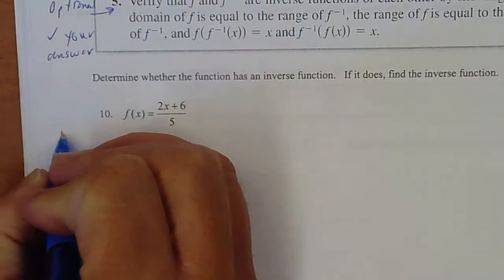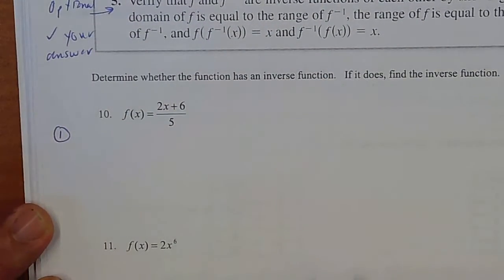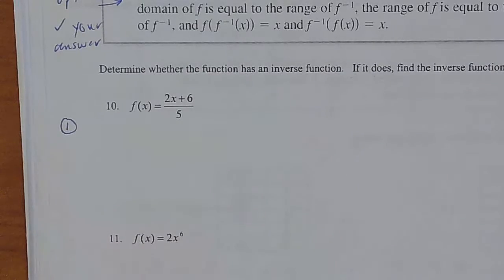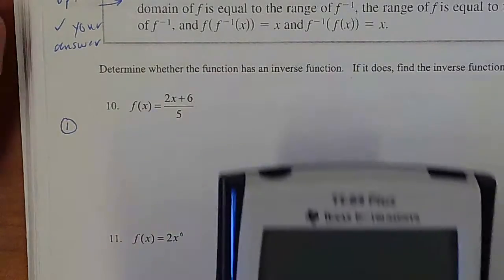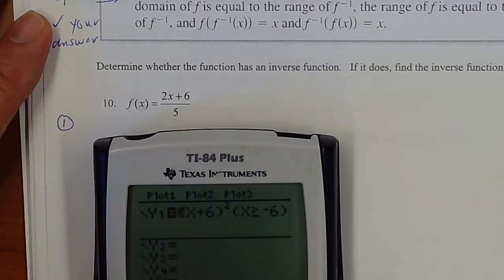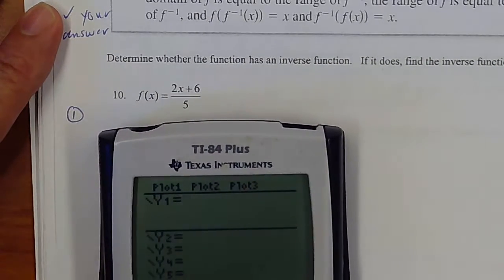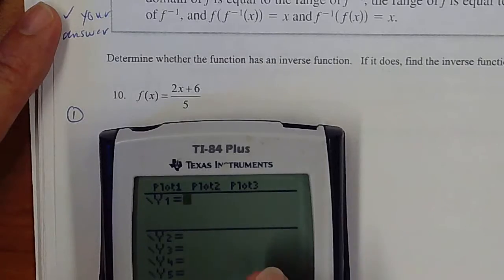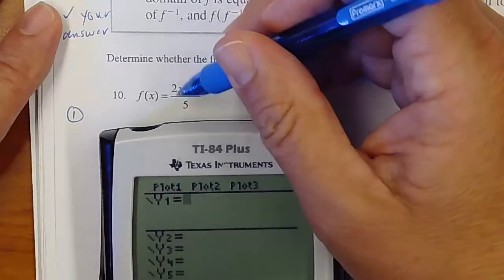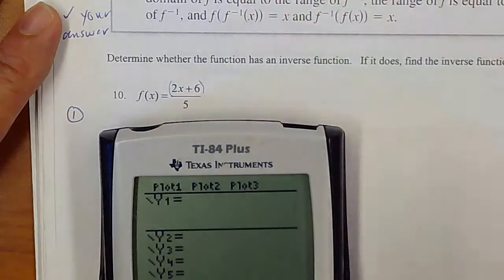Step 1, use the horizontal line test to decide whether f has an inverse function. If you have a graphing calculator handy, you can plug this in yourself. If you don't, just watch me. So they didn't provide a graph, so we'll just create our own. Remember, whenever you have a fraction like this, make sure you close your numerator.